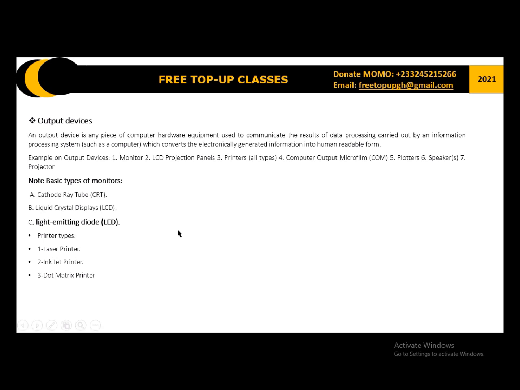So what is an output device? An output device is any piece of computer hardware equipment used to communicate the results of data processing carried out by an information processing system, such as a computer, which converts the electronically generated information into human readable form.